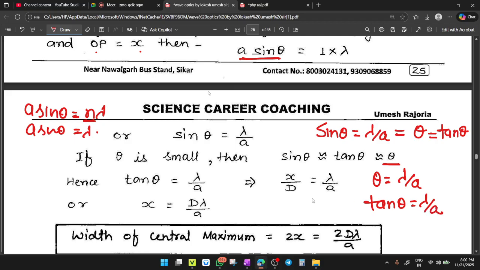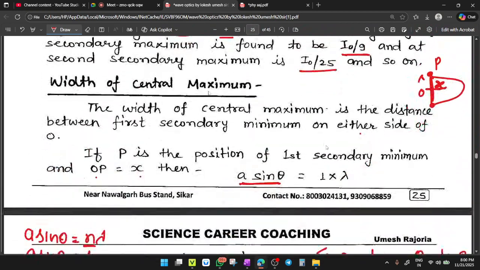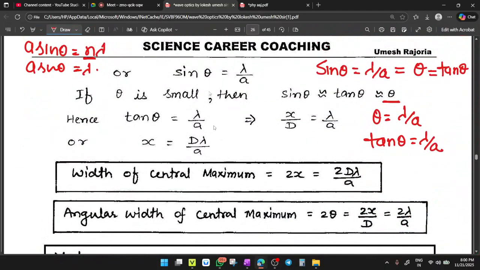Now from the diagram, what is tan theta? Tan theta equals perpendicular upon base. This is your perpendicular, that is x, and the base is the distance D, and this is your angle theta. So tan theta becomes x upon D, and x upon D equals lambda by a.